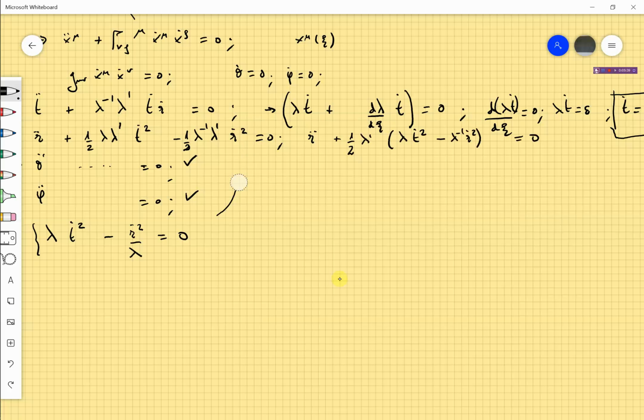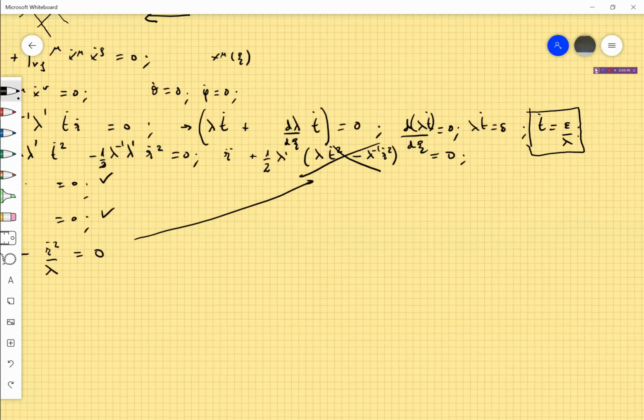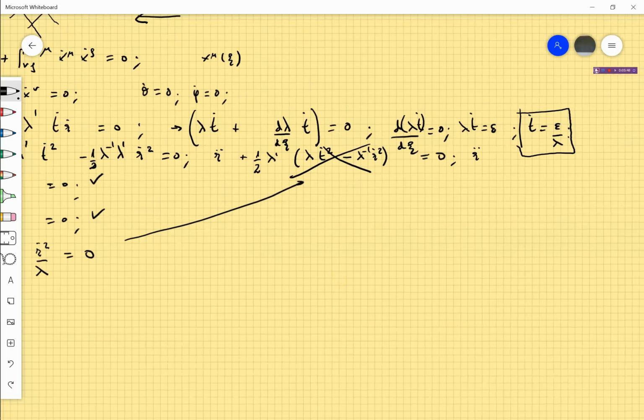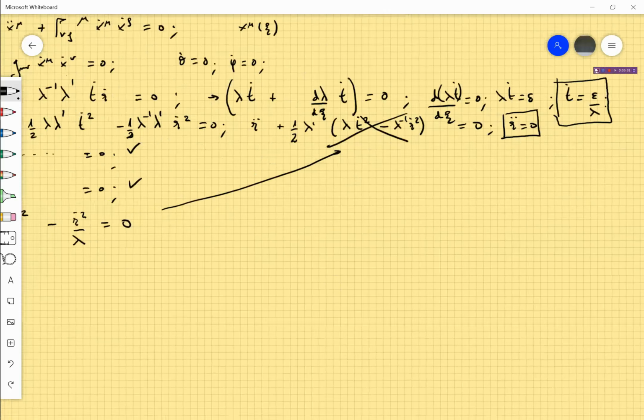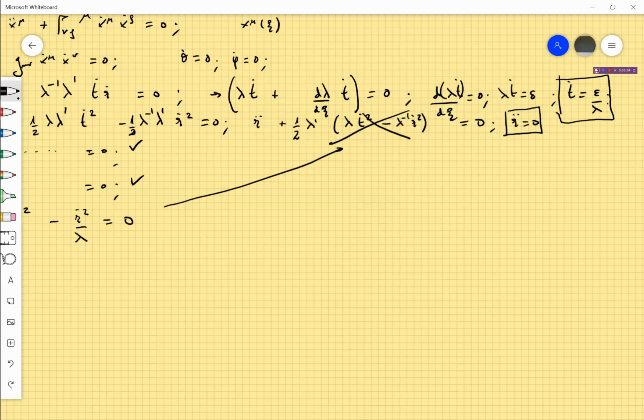But using this equation, we know that this cancels, this is 0, and the equation becomes r double dot equal to 0. So this is basically all we have to do.